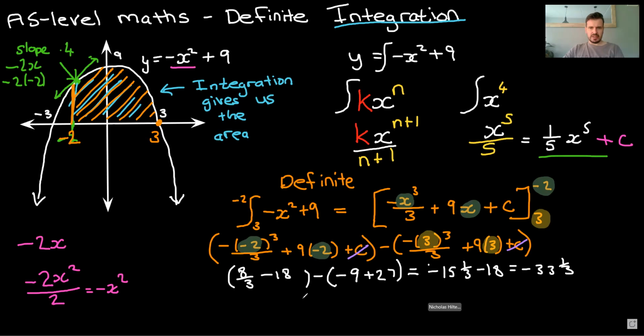Now, let's say that we did it the other way round. We would have this here would be -18 minus... so yeah, if we did it this way, we would have 18.